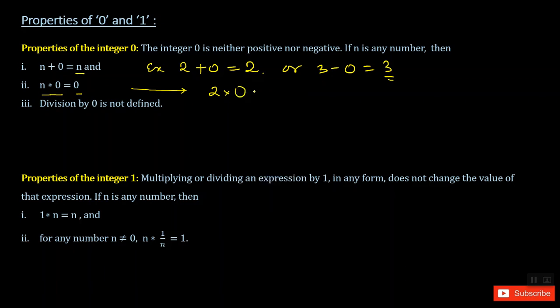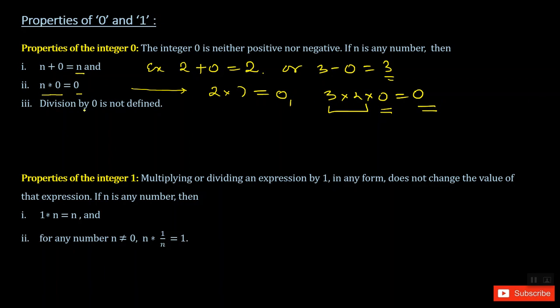So this result is 0. Or we can say 3 times 2 times 0, the result is 0, irrespective of how many numbers you are multiplying. If that product contains 0 in it, its result is always 0, right?